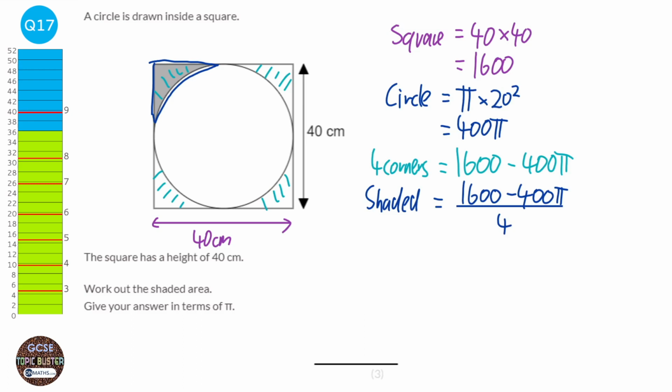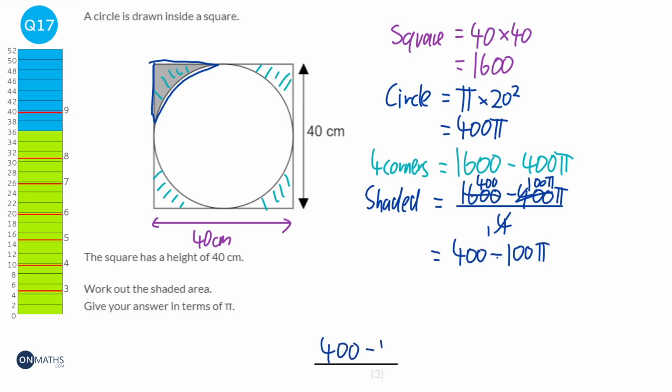We can divide all of the terms by 4. So that will leave 1 at the bottom, 100 pi here. And this will be 1,600 divided by 4 is 400. So we're just cancelling the fraction, and actually we leave it as 400 minus 100 pi. And that indeed is our answer. You can't simplify that any further.